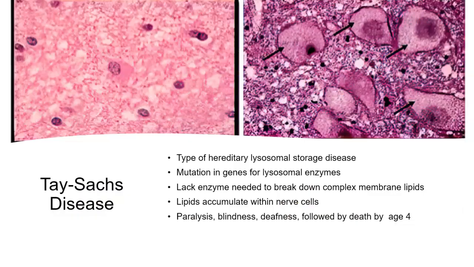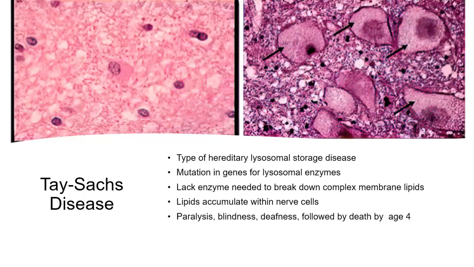Lysosomal storage diseases is a group of heritable diseases that are basically just characterized by the accumulation of not completely digested biological macromolecules within the lysosomes. It occurs because of mutations in the genes that code for one of the 40 different lysosomal enzymes.